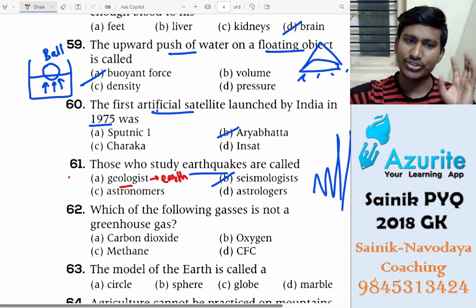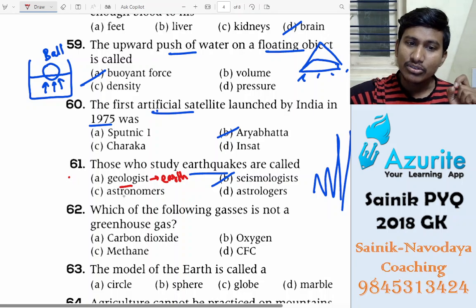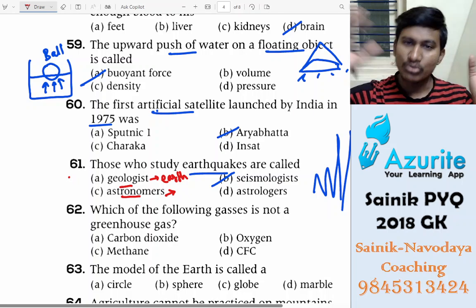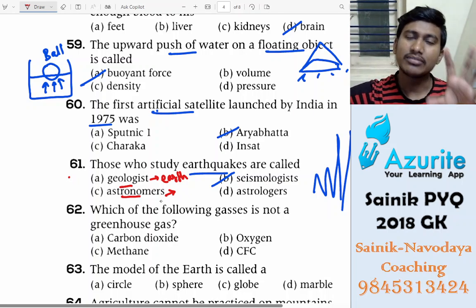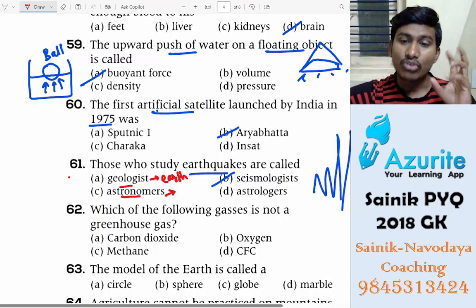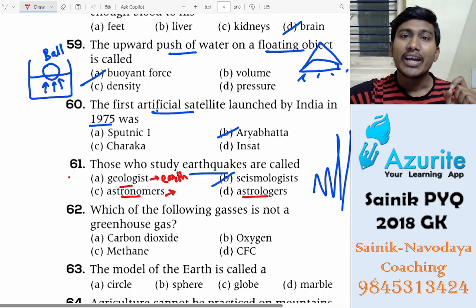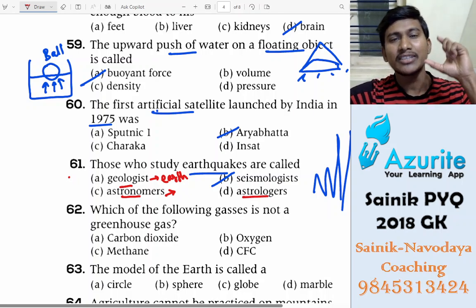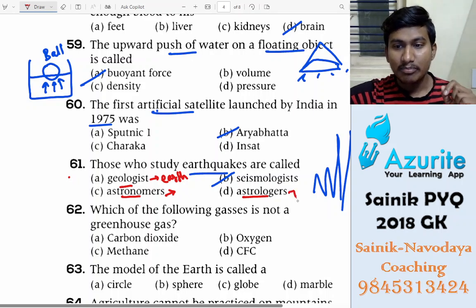That is geologist. Okay. So astronomer, you know astronomer means study of outer space, right? Study of outer space, that is sky and all, what is there in the sky, right? So astrologer means position of the planets.